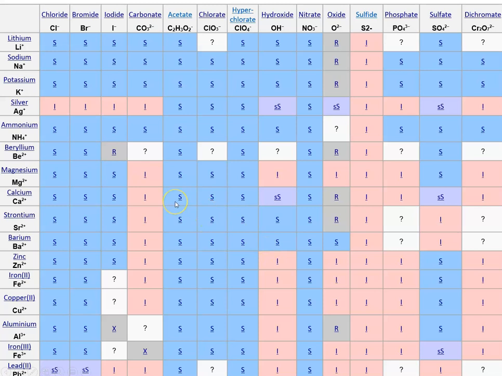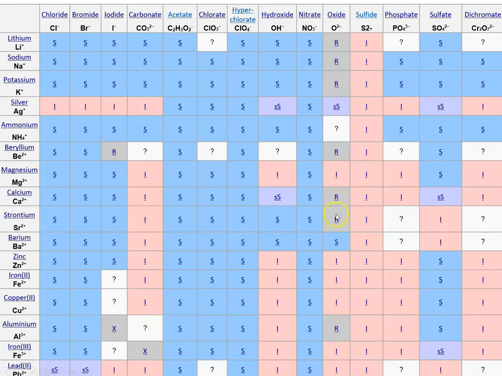So for the key for this, you might see this in different states, maybe you'll see an AQ or you'll see solid. This actually can be somewhat confusing, but the S here isn't solid, it's actually soluble. So an S in this instance is soluble, and I is insoluble. SS is slightly soluble, and an X would mean other, so sometimes it works, sometimes it depends on the situation, the acidity perhaps.